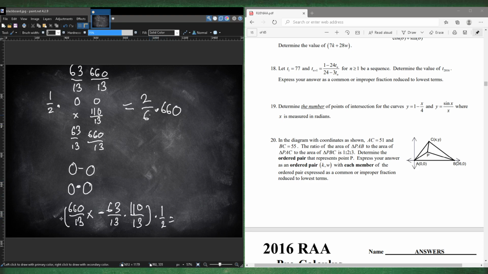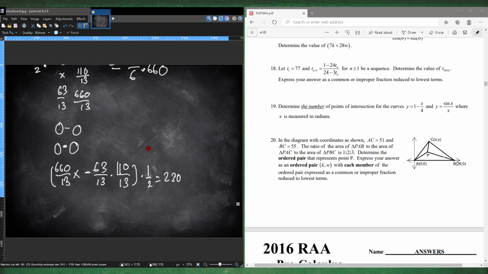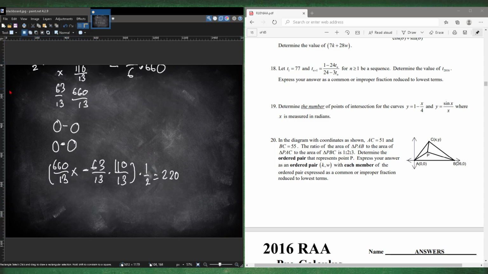And that is equal to 2/6 of 660, which is just 220. And then all you have to do is basically use your calculator to find your value for x. So we have 220 times 2 plus 63 over 13 times 110 over 13, and then divided by 660 multiplied by 13, and you should get a value of x, which is 739 over 78.